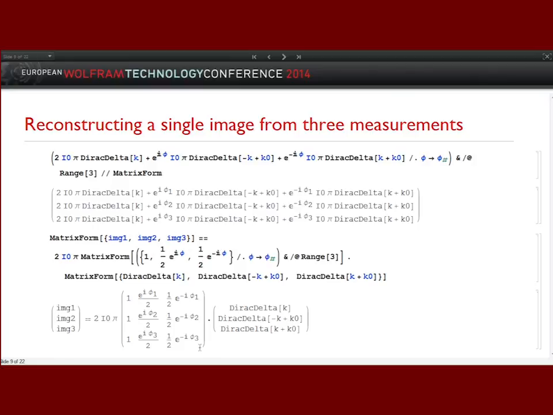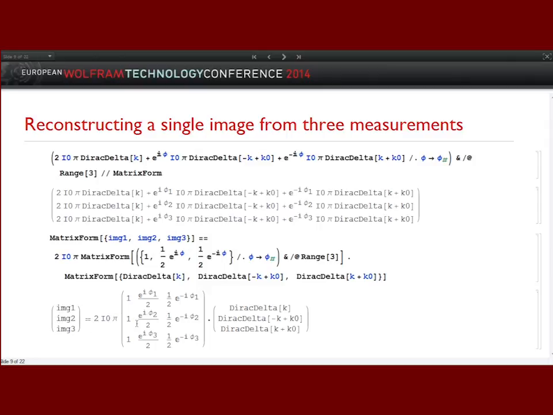Now, the big issue here is that we have this function here, which is exactly the one that I derived from before. I just copied it into here. So again, we have this k component, we have this k0 minus k component, and we have this k0 plus k component. But as I said, we now have 3 phases, and that actually means we have 3 of those functions. And if I just phrase this differently, and I've done this down here just to make life simple, I get essentially 3 different images.